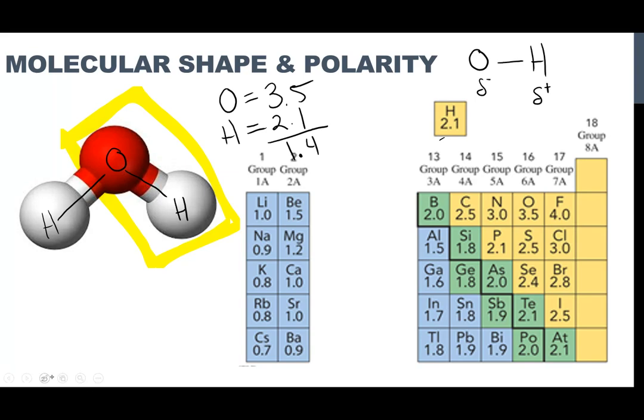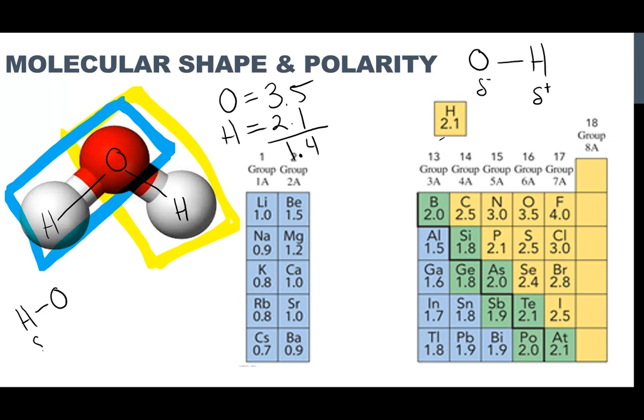Okay. Well, notice that there is more than one bond on this molecule. There's this other bond over here, right? It happens to be the same atoms, but we treat it as a completely separate entity, as a completely different side. So this is also a polar covalent bond.